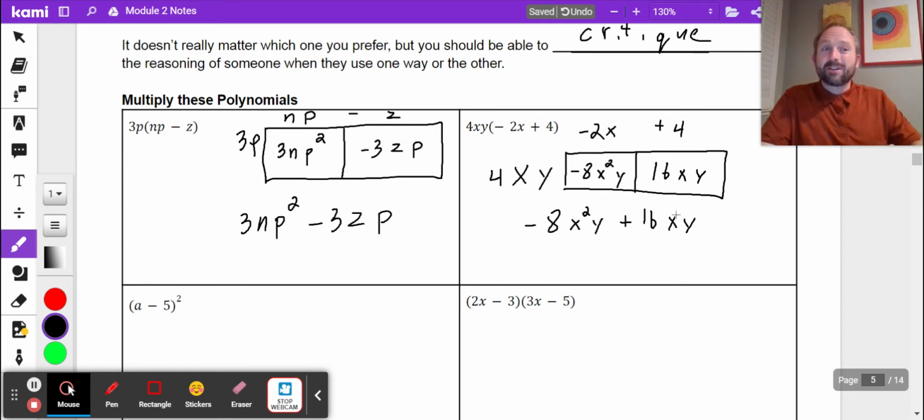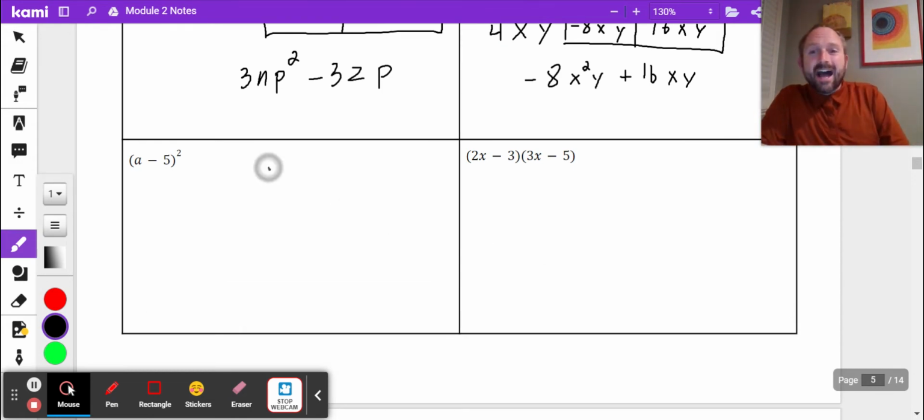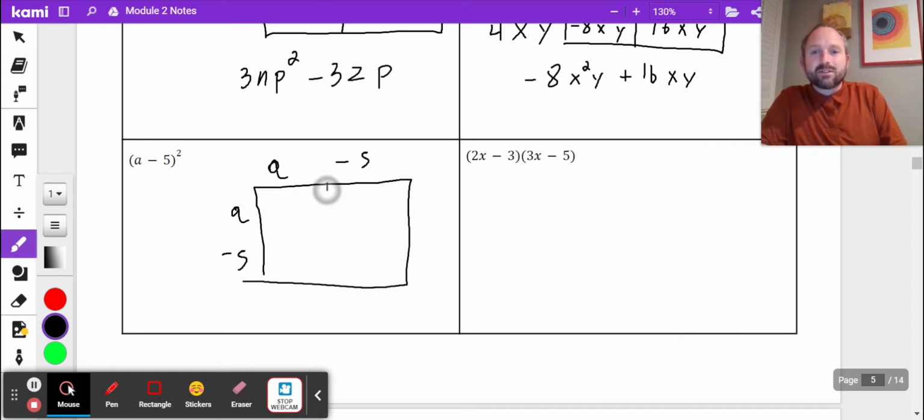So here we go. We're going to get into some of the nitty gritty right now. We have this a minus 5, and it's squared. Well, what does that mean? I have this a minus 5 twice. So what I'm going to do is just multiply it by itself.